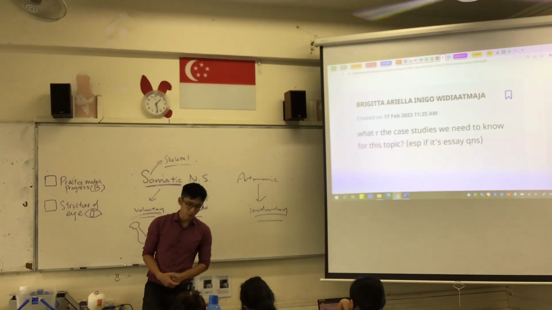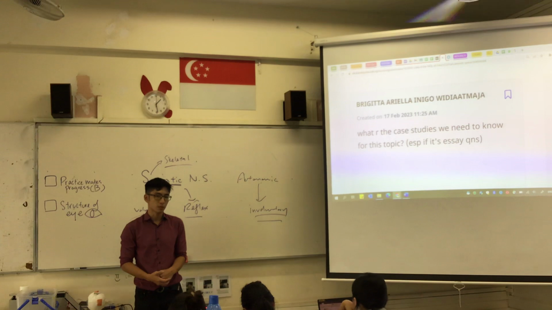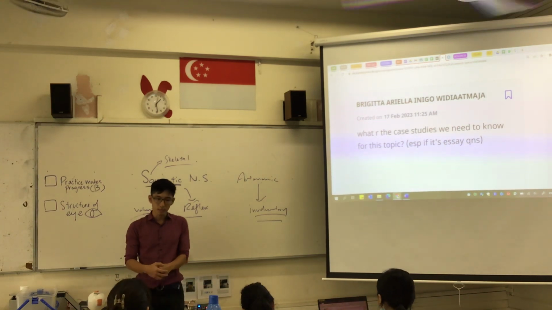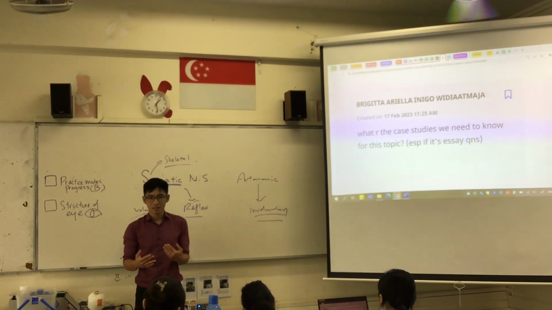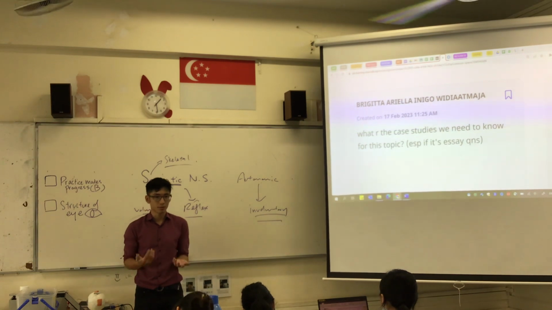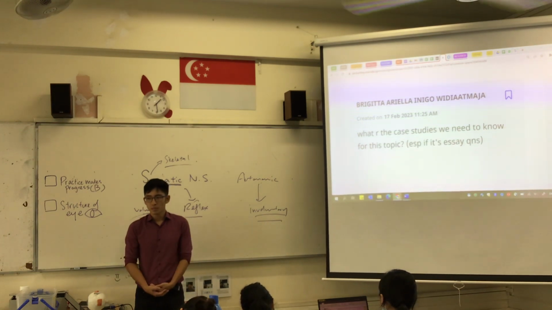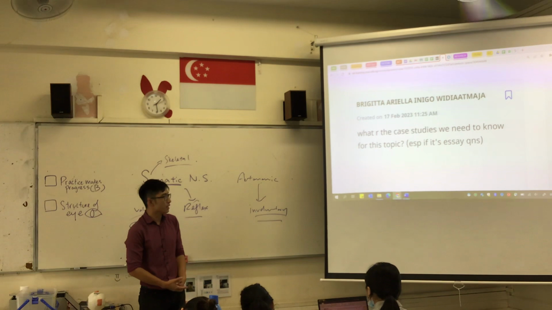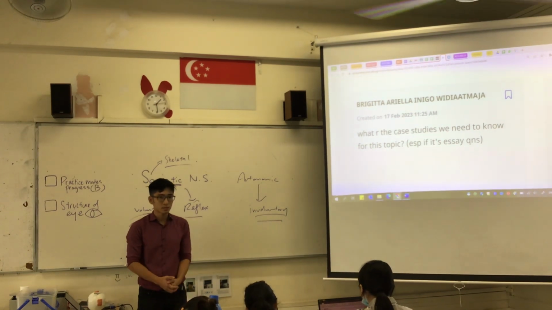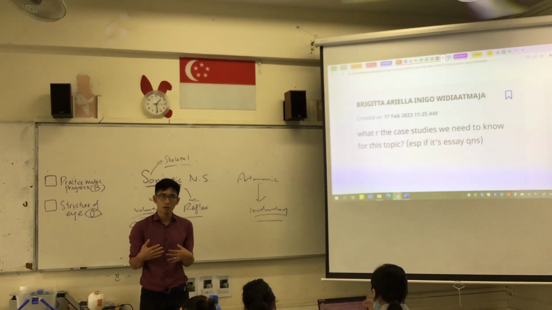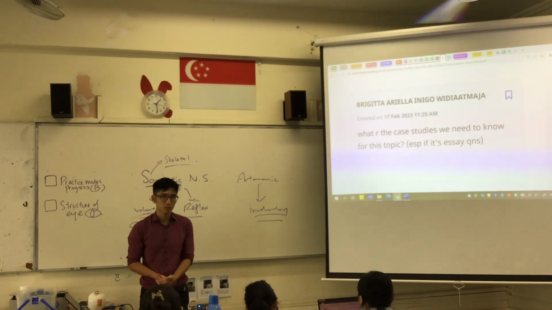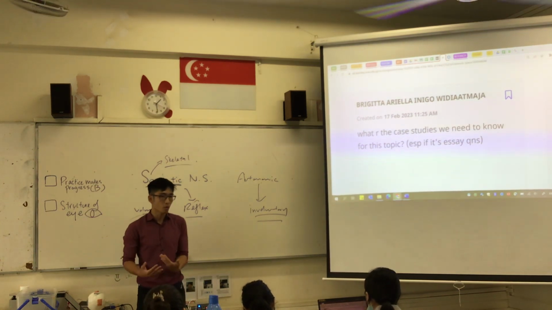Number two is the knee-jerk reflex. These two case studies we expect you to know. But truthfully, the main difference between these two is the presence of the relay neuron or not. If we expect you to know these two case studies but we provide you new ones, it will not be too out of this world and far-fetched. It will be quite doable.